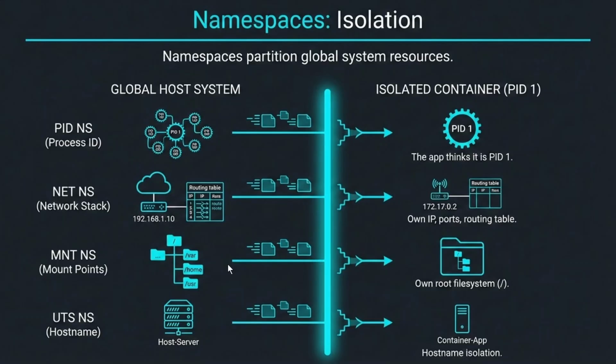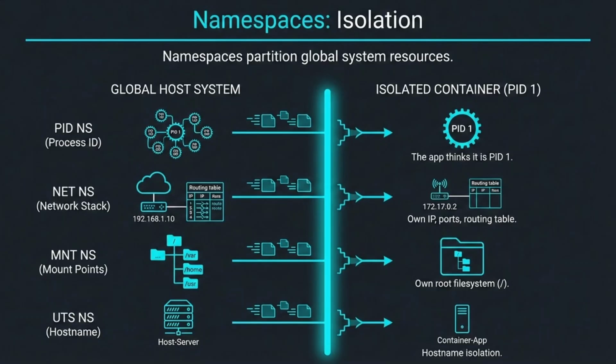And UTS namespace isolates the host name and NIS domain name. It allows a container to have its own identifier, example web server 1, separate from the host system's host name. This is crucial for applications that rely on hostname for configuration or service discovery.